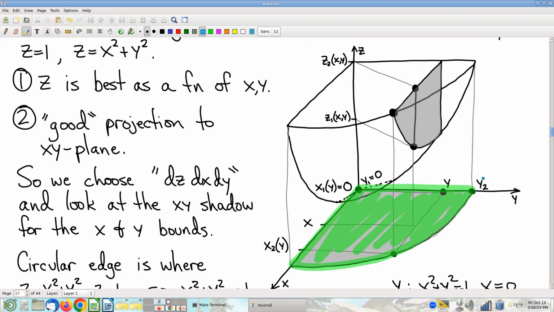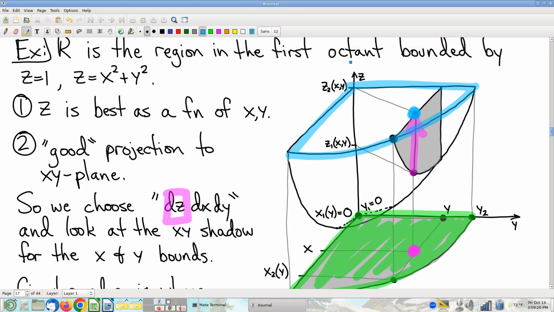By the top surface, what I mean is that if you pick a point down here in the shadow, and you look at the range of values of the inside variable, dz, for that point, the end point, the last value of z, the last value of the inside variable, is always on that surface right there, which has a really easy equation. So I'm going to call that highly desirable. As a top surface, that equation is wonderful.